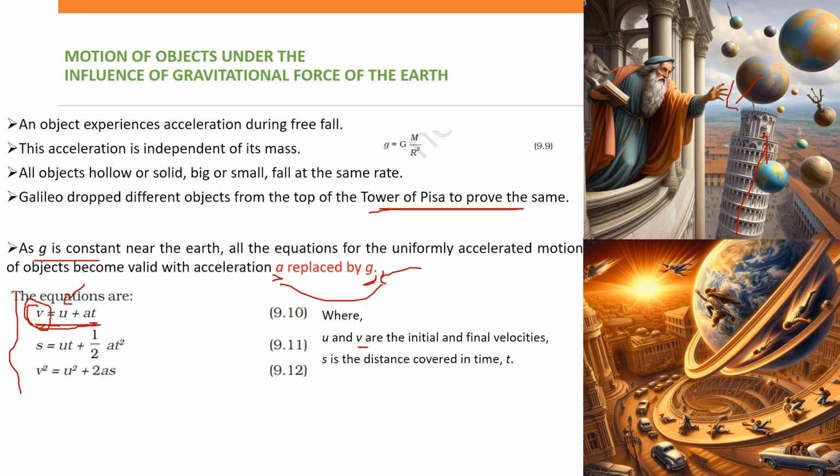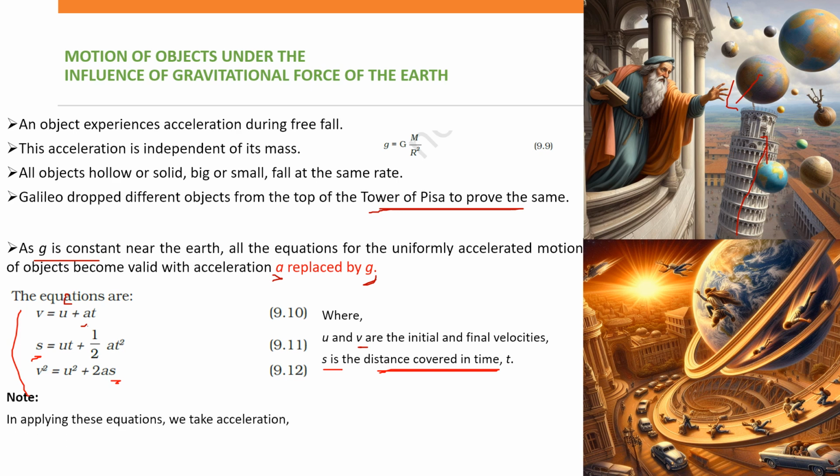I can simply replace it: v = u + gt. Similarly, we have the equation for distance covered in time, the displacement. We'll deal with these equations later. They are not the subject of this chapter, but you should know how a can be replaced here with g.